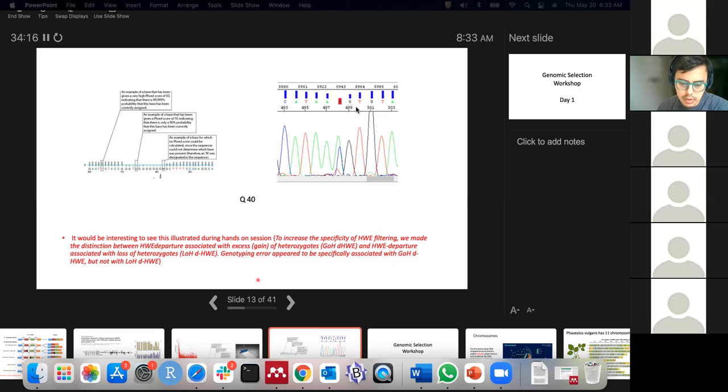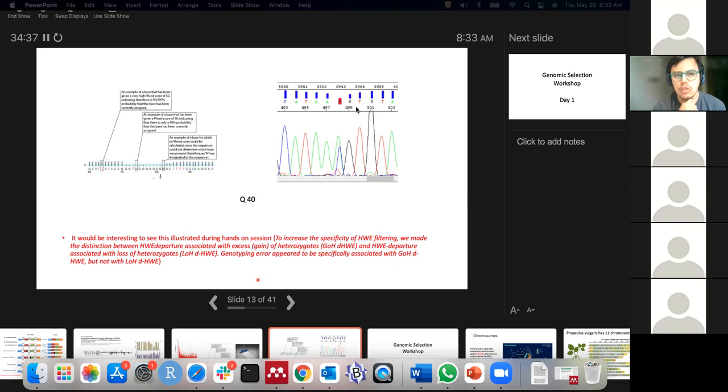Symphorine asked me, in case someone is working with an orphan crop where there is no reference genome available, what is advisable? Well, methodologies such as GBS are so popular right now because you don't need a reference genome.